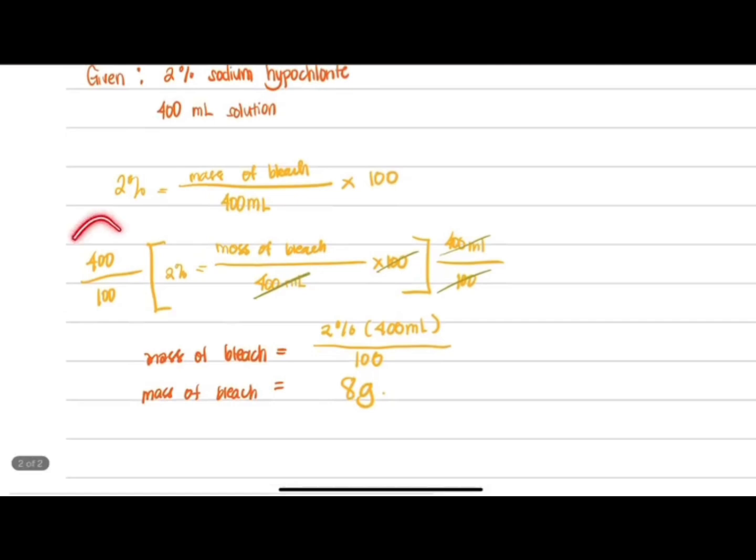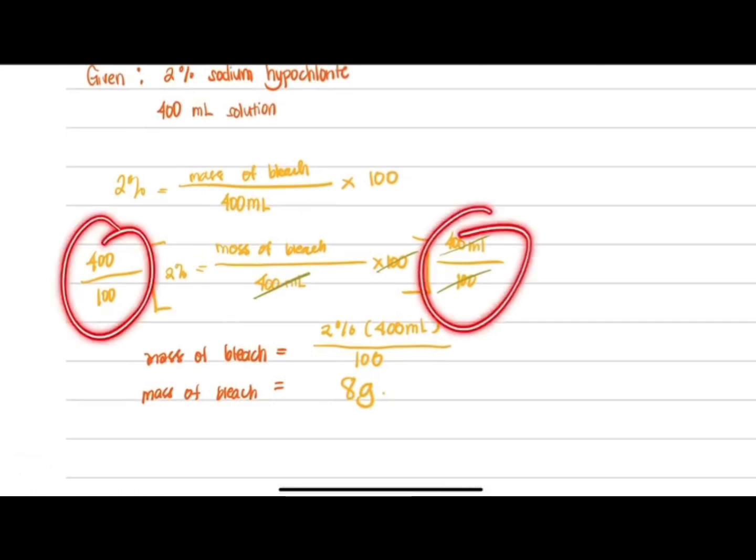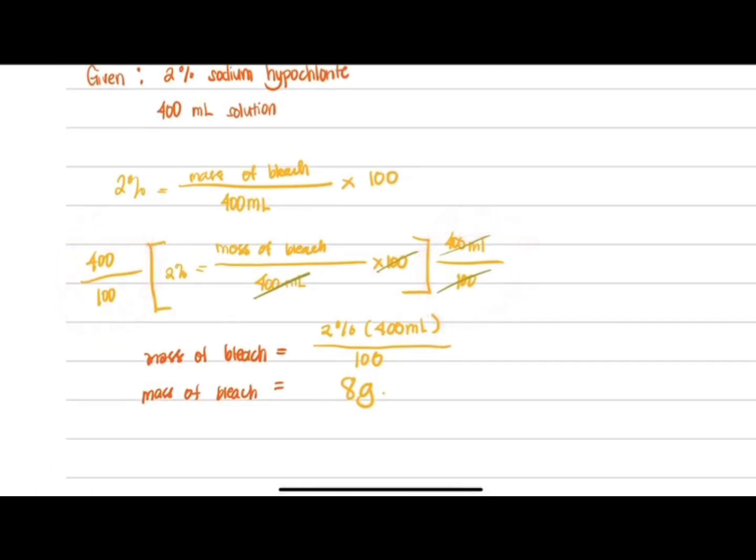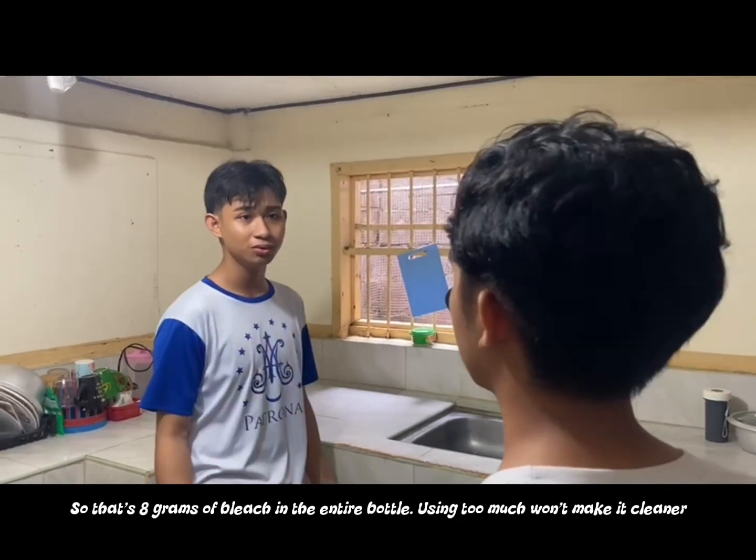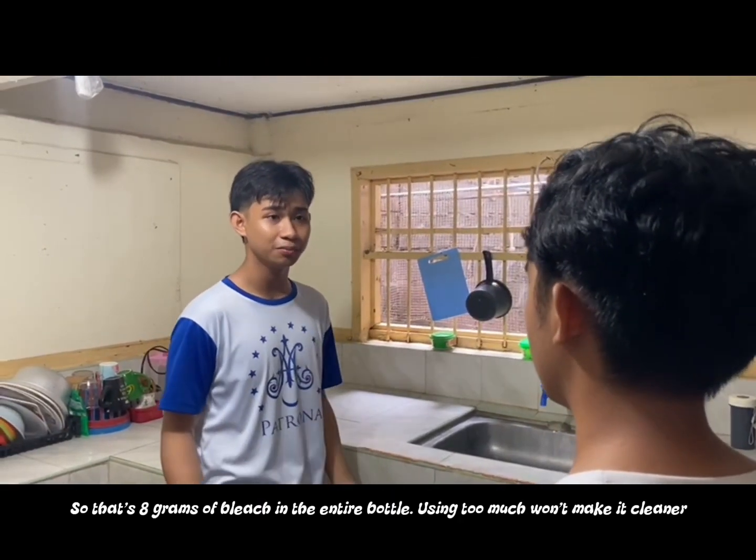Then, multiply both sides by the reciprocal of 100 over 400 to cancel out both values, and we will be left with the mass of bleach. After that, we multiply the 2% and the 400 mL, then divide it by 100. So, our mass of bleach will be 8 grams. So that's 8 grams of bleach in the entire bottle.